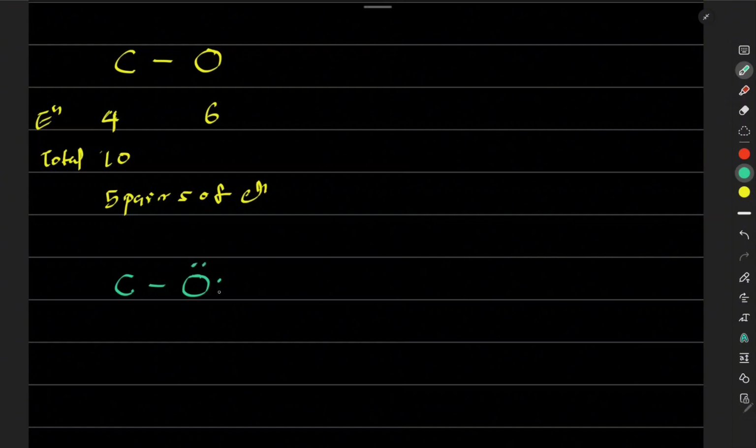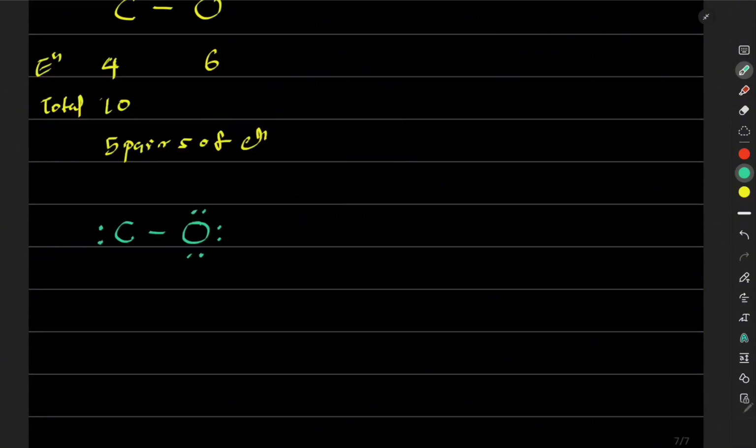Add 3 pairs on oxygen and 1 bond, and there is 1 remaining pair. We give that pair to carbon. Carbon has 4 electrons in the valence shell, but only 3 near it, therefore it has a charge of +1. Oxygen has 6 electrons in the valence shell, but it has 7 near it, therefore the charge is -1. Therefore, a pair of electrons will participate in the bond.